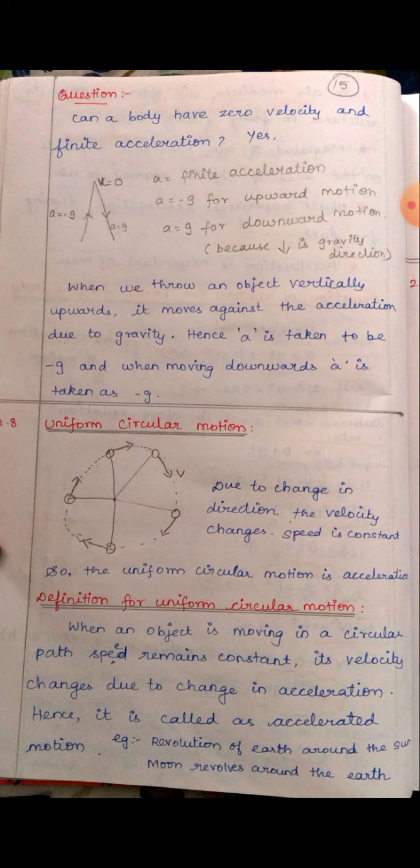So due to the change in direction, the velocity also changes. While we are changing the direction, the velocity also changes, but the speed alone is constant. So uniform circular motion is accelerated motion, we will call it.